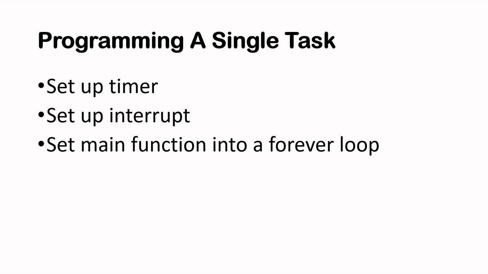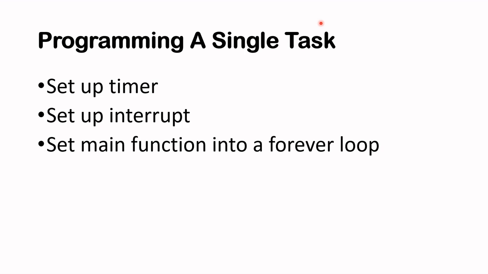Before we look at the code, let's take a look at the steps to program a single task. The first thing you need to do is set up the timer. Then you need to set up the interrupt for the interrupt service routine or the task. And then we set up the function and send it into a forever loop.